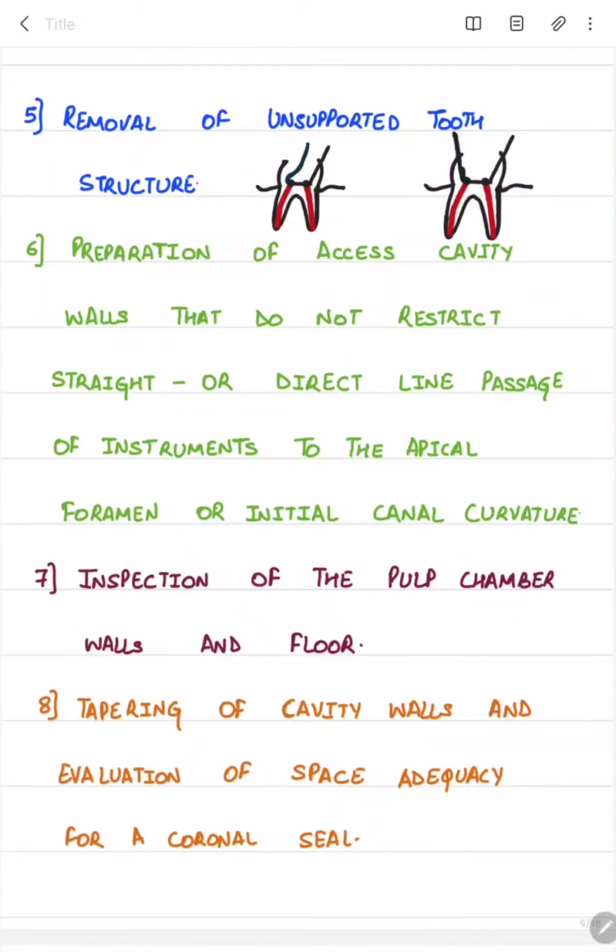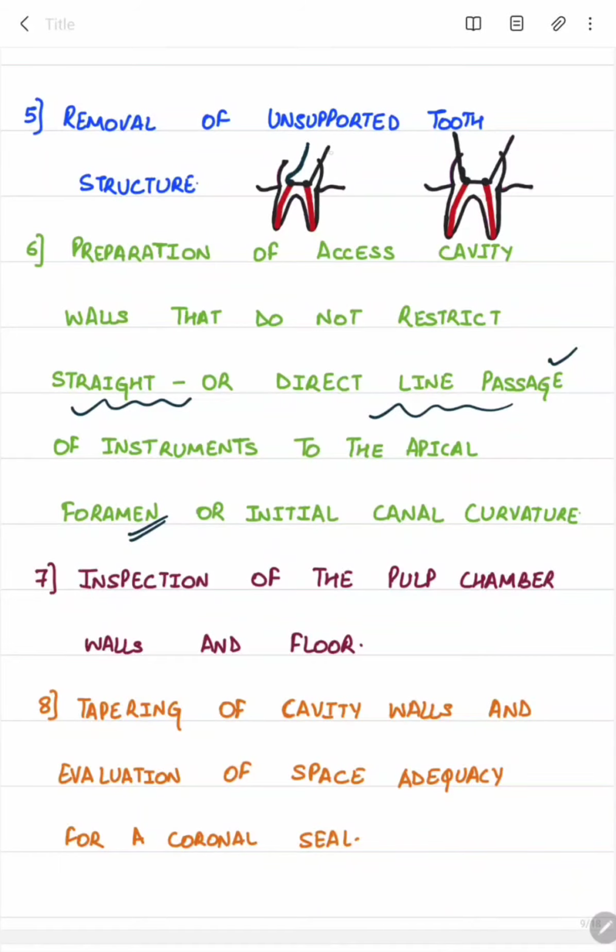The next step is to remove all the unsupported tooth structure. After that, we are supposed to prepare the access cavity walls so that we could achieve a straight line or direct line passage of instruments till the apical foramen.